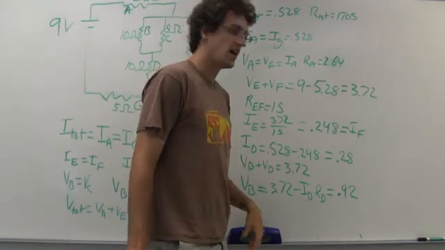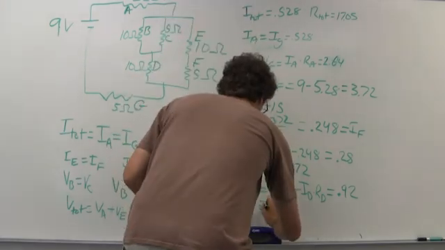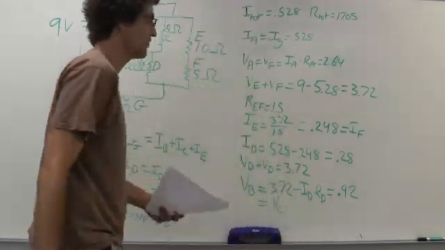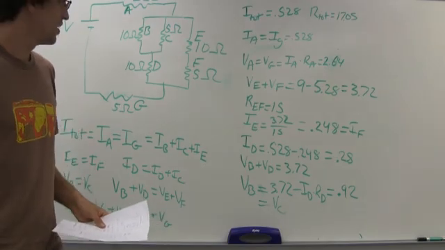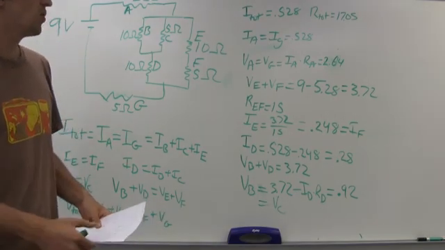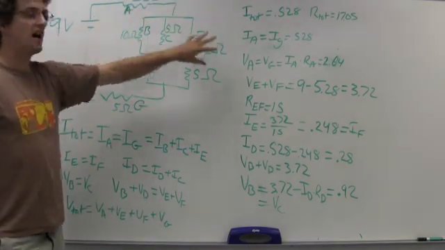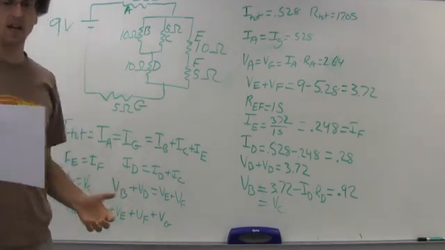Then VB comes out to be 0.92. And that's also equal to VC, and from there we can find the currents fairly simply. A lot of work. Typically you won't have to find everything, but this is how you would find everything in a complicated circuits problem.